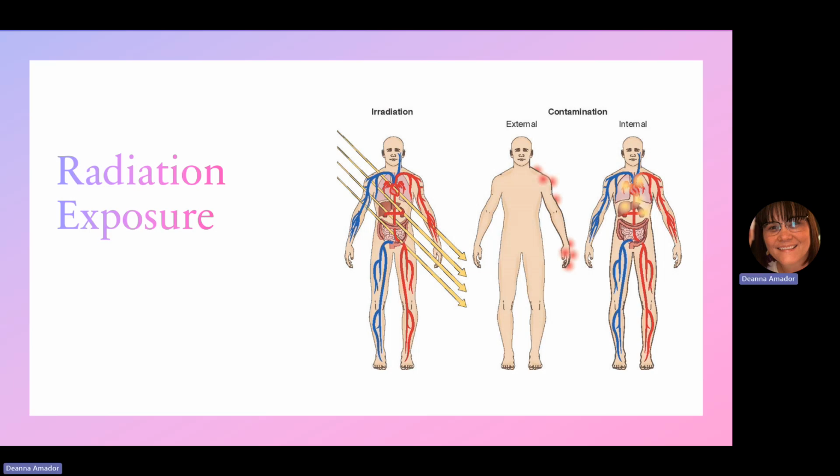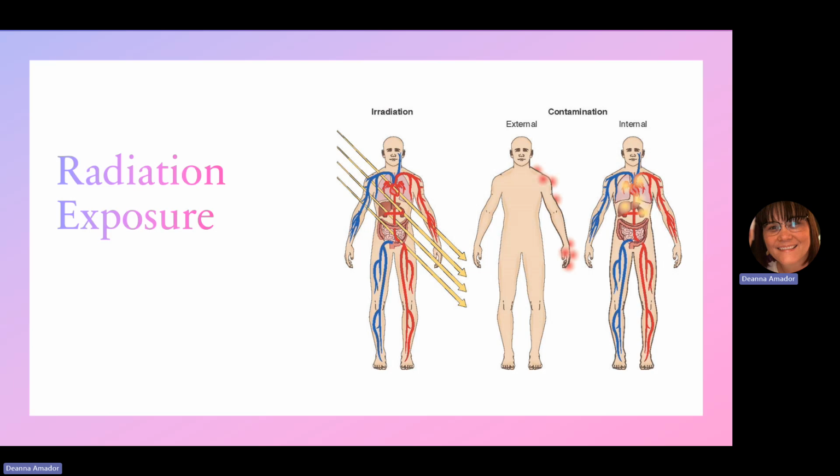The big thing on here is a syndrome that can occur called acute radiation syndrome. I just want you to be aware that acute radiation syndrome is an acute illness caused by irradiation of the whole body. It follows a somewhat predictable course, and it talks about symptoms and manifestations that occur with it.